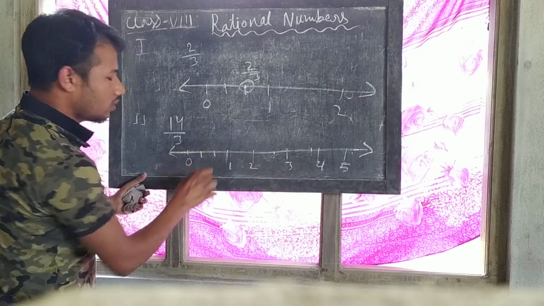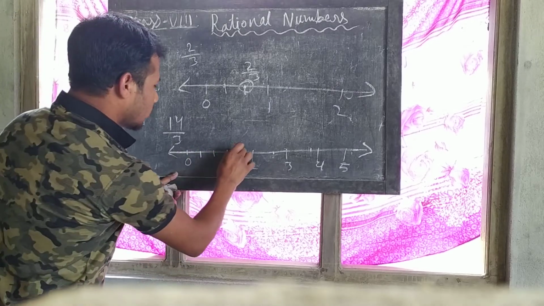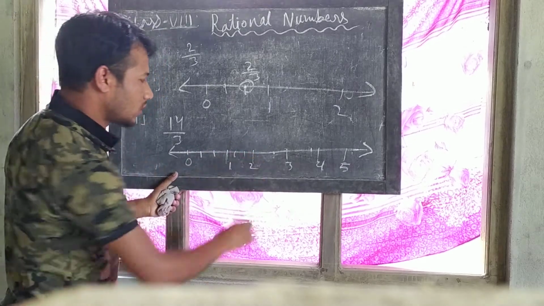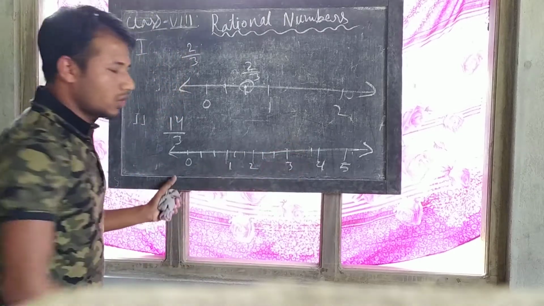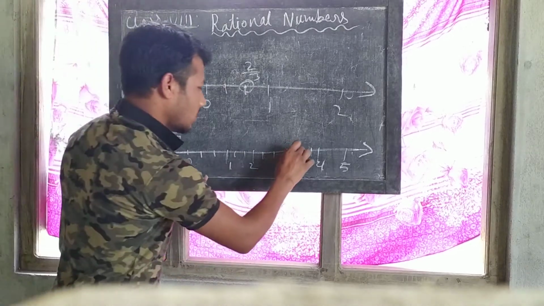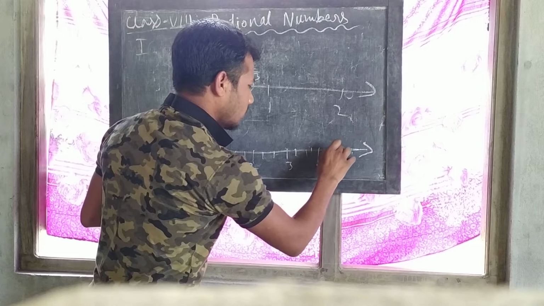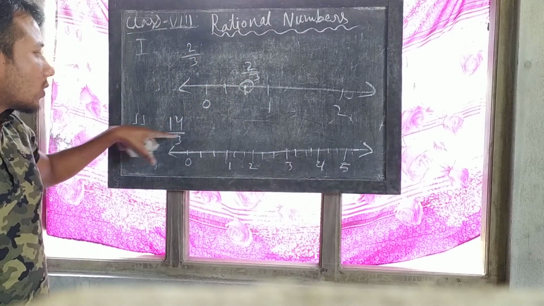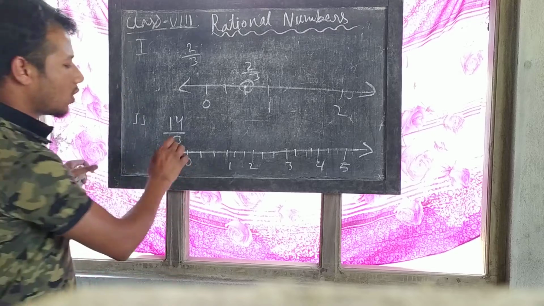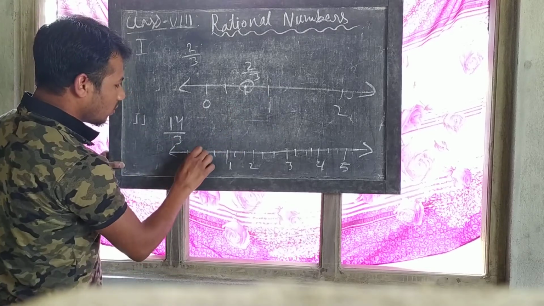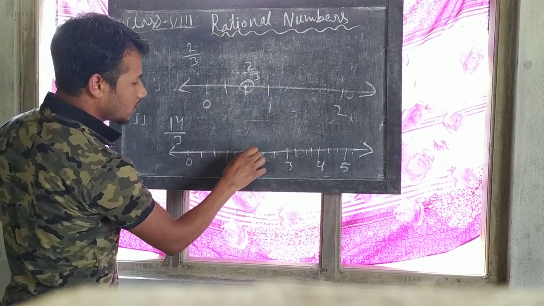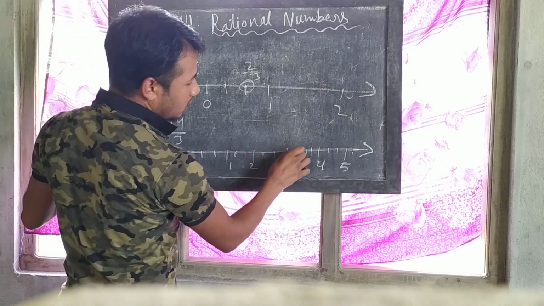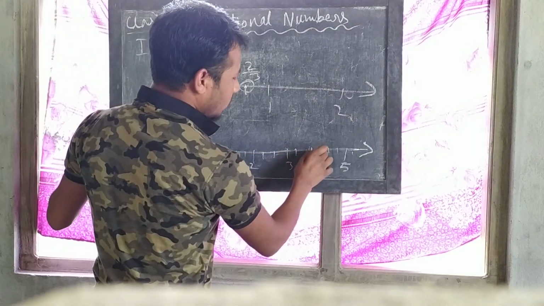1, 2, 3: 3 parts. This is also divided into 3 equal parts. This also, this also. Now the numerator is 14, so we have to count 14 parts from 0. 1, 2, 3, 4, 5, 6, 7, 8, 9, 10, 11, 12, 13, 14.